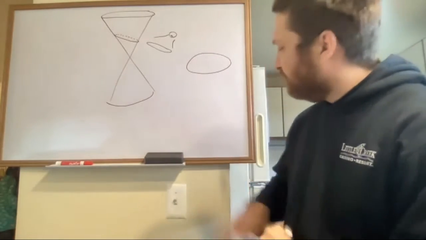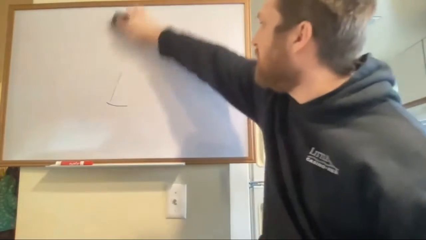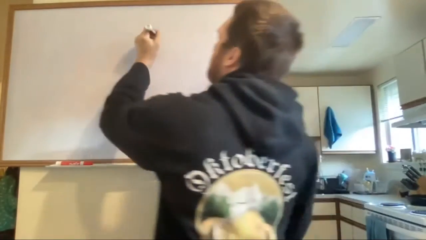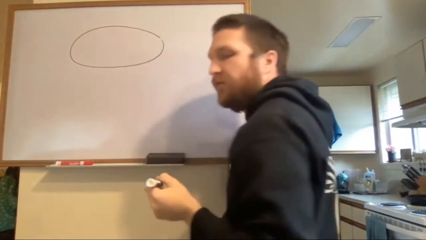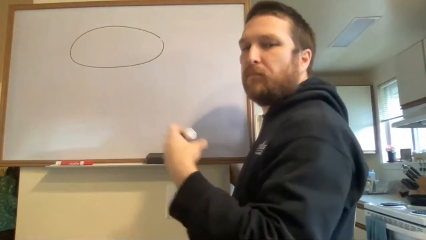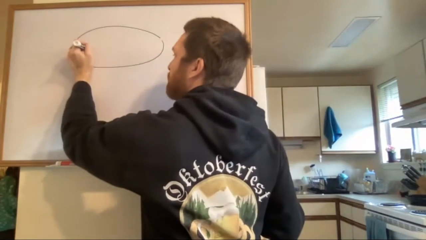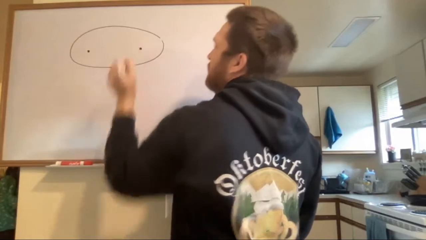Okay, real quick, ellipses, they have some interesting properties. One cool thing is every ellipse has two foci. Foci is the plural of focus. It has two foci. That's one focus right there, one focus right there.